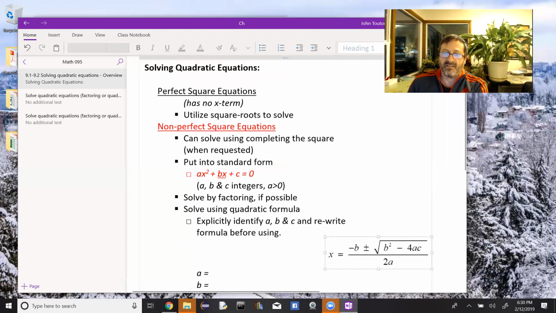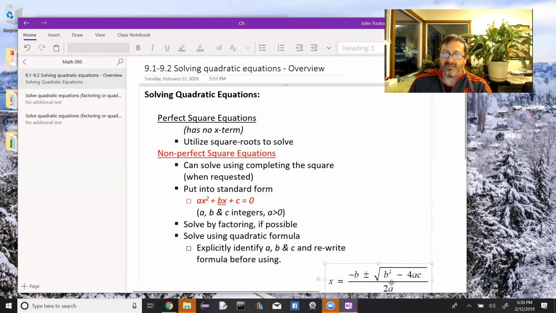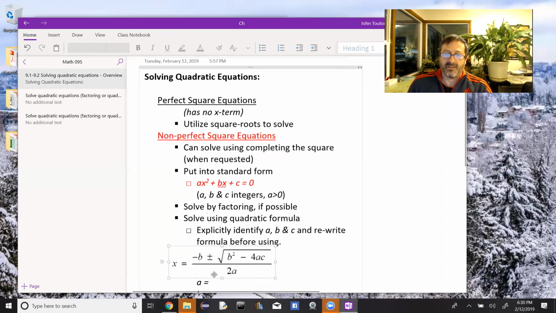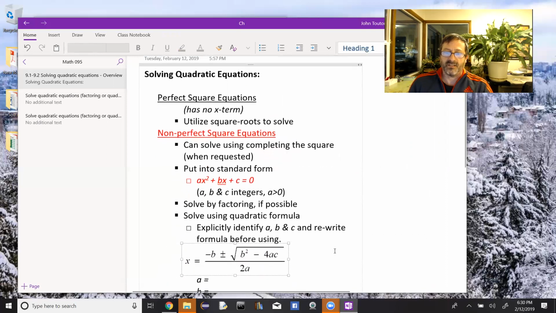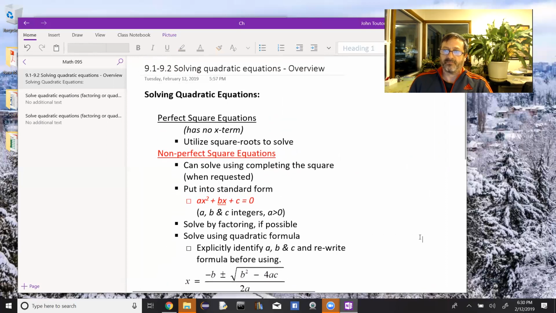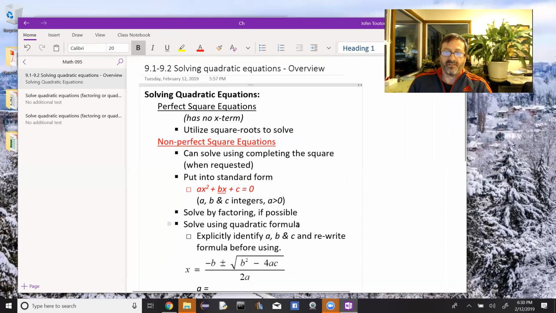I can get the formula on there, but I can't get the a, b, and c on there. Okay, so there's solving quadratic equations, an overview.